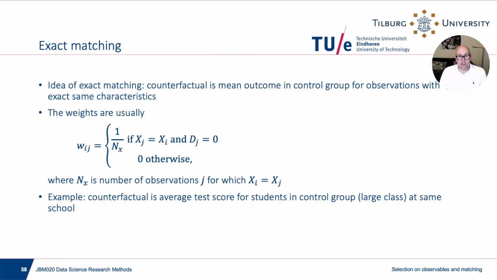And otherwise, one assigns a weight of 0. So again, the example is the counterfactual is the average test score for students in the control group in a large class at the same school.